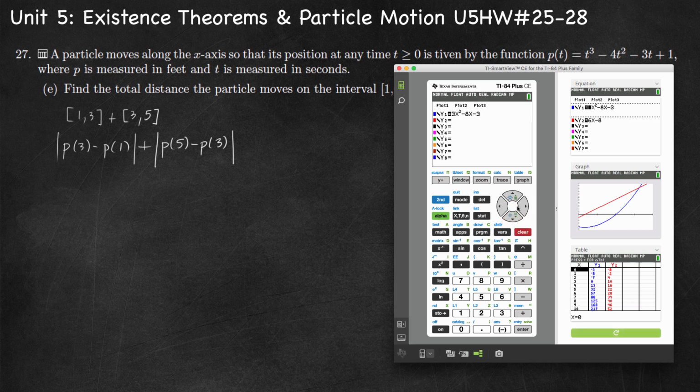So I do not need to use this. Actually, I need to go back to my position equation. Let me enter my position equation. So that was the original t cubed minus 4t squared minus 3t plus 1.